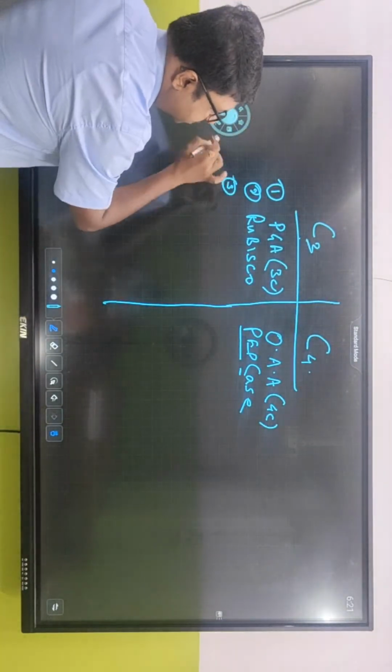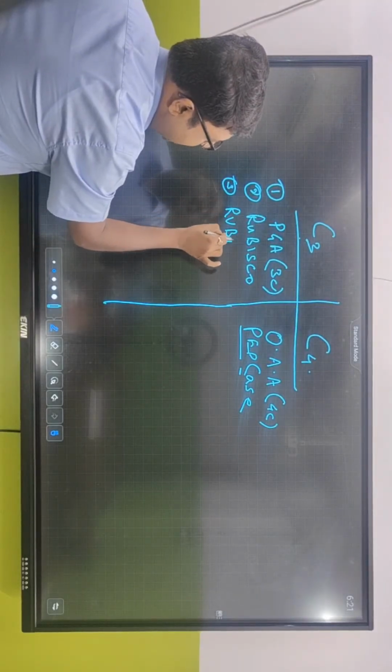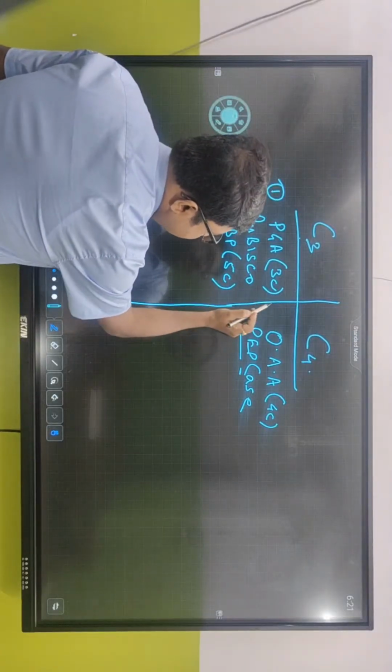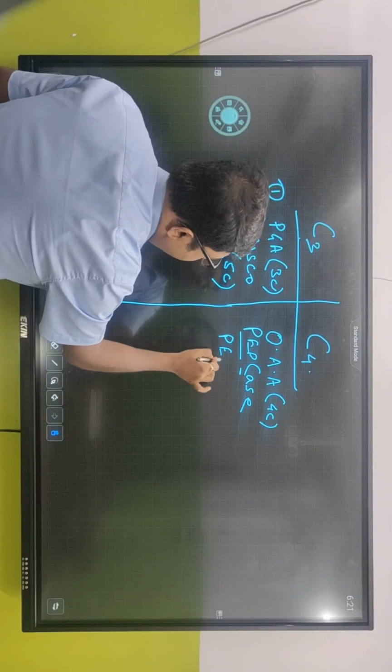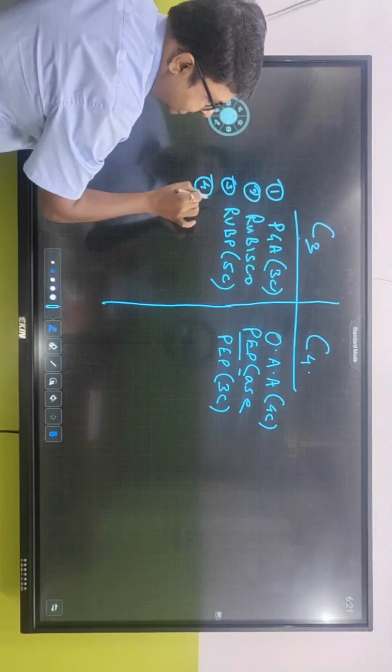Third point of difference is in C3, the carbon dioxide acceptor is RuBP, which is a 5-carbon compound. But in C4, the carbon dioxide acceptor is PEP, phosphoenol pyruvate, which is a 3-carbon compound. Next, in C3, all the C3 cycle takes place where? In mesophyll cells.